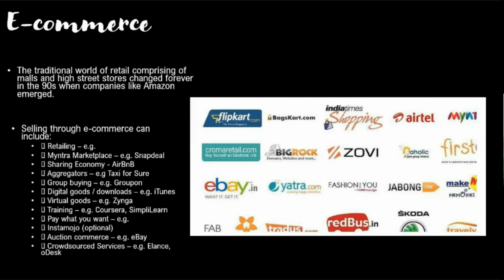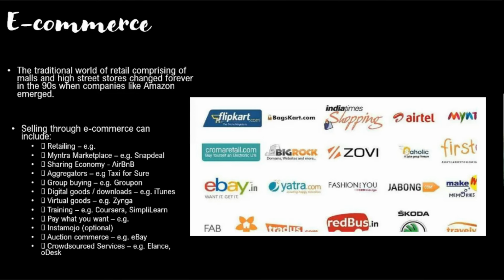Selling through e-commerce can include retailing, like the Myntra marketplace or Snapdeal. We also have the sharing economy, like Airbnb. Then we also have aggregators, like taxi services, group buying like Groupon, digital goods or downloads like iTunes and Spotify, virtual goods like Zynga, then training like Coursera and Simplilearn.